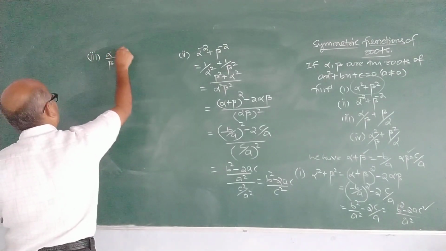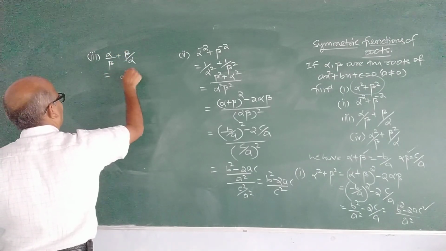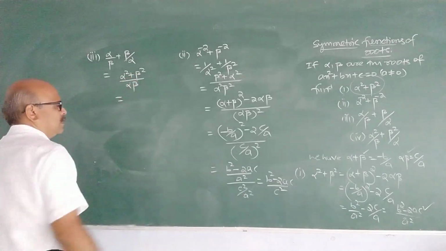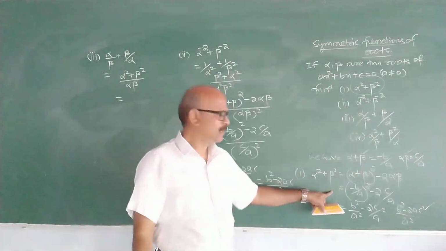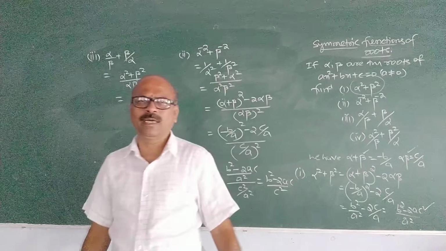Next, the third one. Alpha by beta plus beta by alpha. Take LCM: alpha square plus beta square by alpha beta. This we have already obtained, alpha square plus beta square. You have to express it in terms of alpha plus beta and alpha beta.